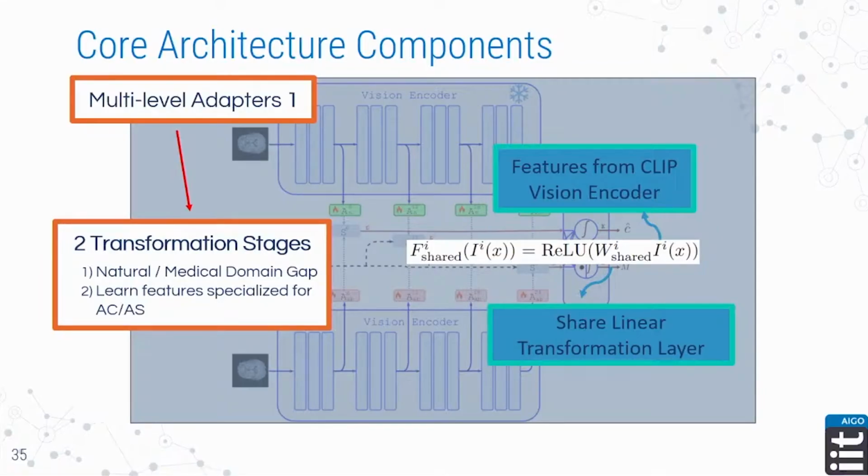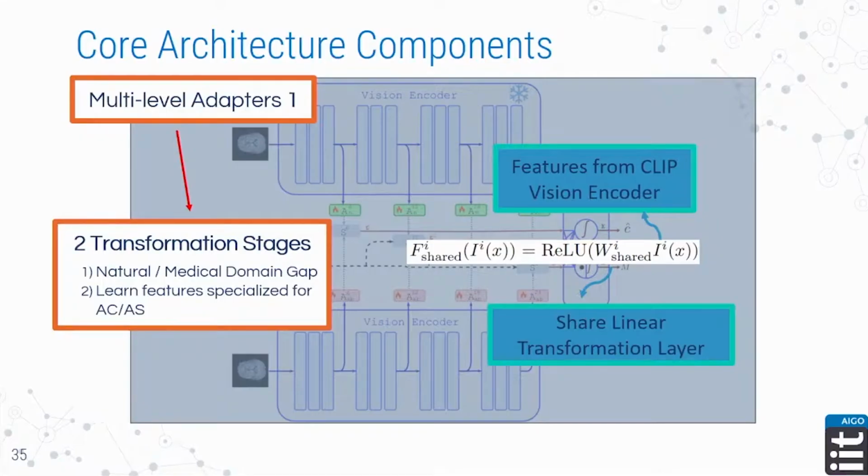So we use a couple of layers for each adapter. One is using this format. It is essentially linear layer W, which is shared between all the adapters. Essentially, this has the goal to adapt the natural pre-training to the medical domain.